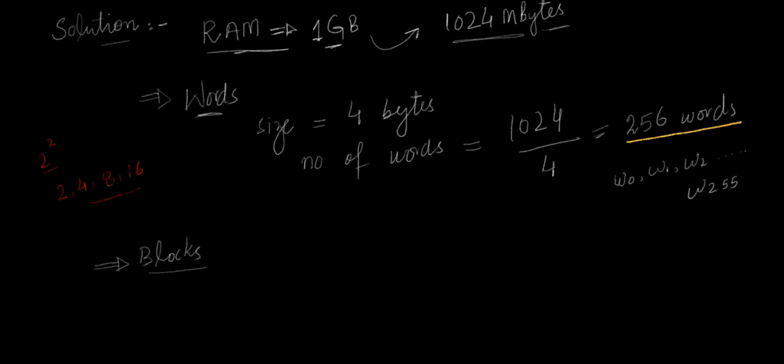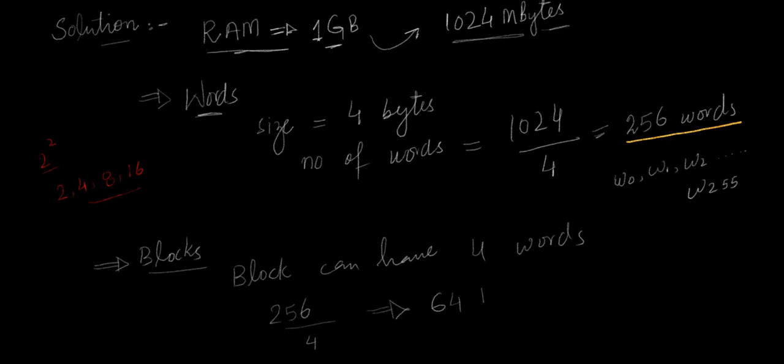I'm just going to take 4 words in the block because I have 256 words. So I'm going to make the block size such that the block can have 4 words. Because a block can have 4 words, and I have 256 words, each block is going to have 4 words, which means that I'm going to have 64 blocks in total.